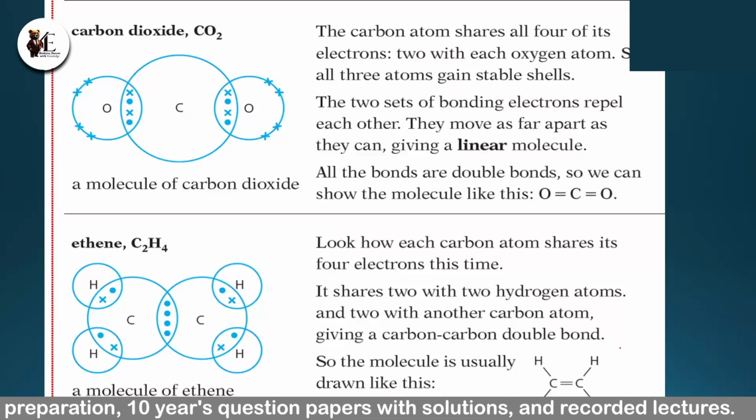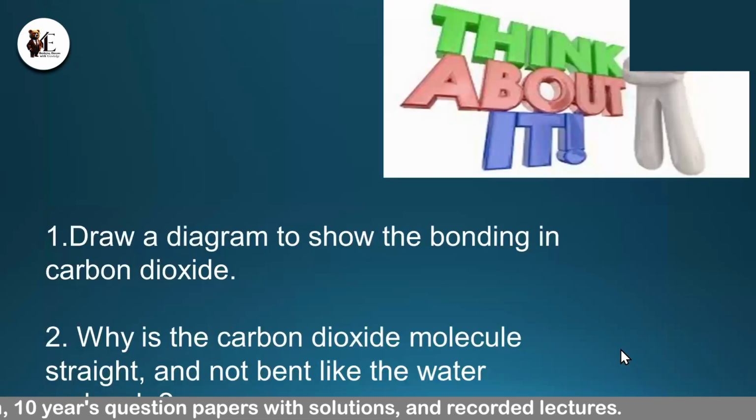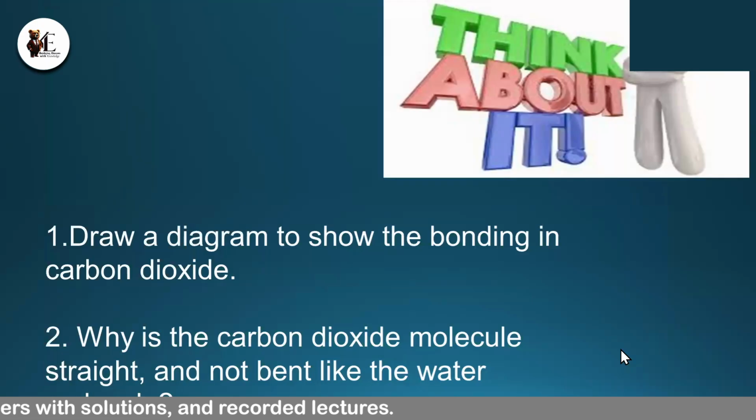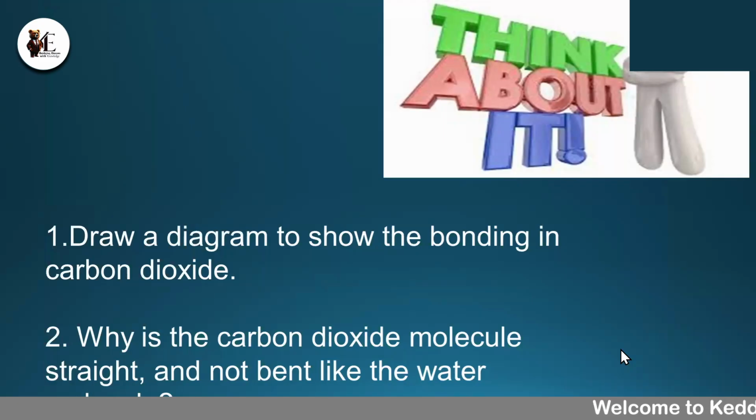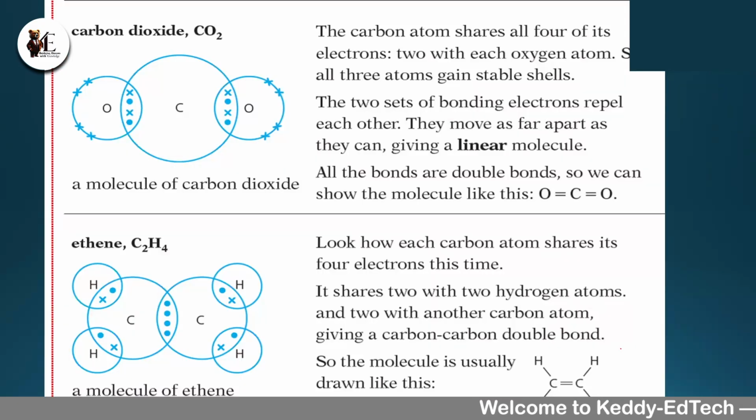I've taken it. This is your homework question. Draw a diagram to show the bonding in carbon dioxide. And why is the carbon dioxide molecule straight and not bent like the water molecule? This covalent bonding you can easily show for carbon dioxide. And why is it not bent? Why is it straight?